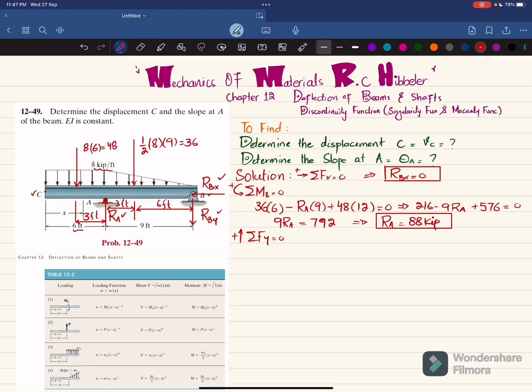So I will write minus 48, minus 36, plus RA, which is 88 kips, minus RBY is equal to 0. When you calculate it, you will get RBY equal to 4 kips. Since this value comes out positive, it means that the downward direction you have chosen for RBY is correct.